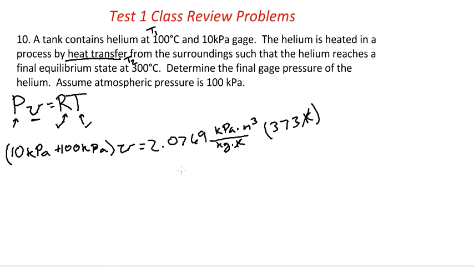Cancel it out. We know that we're going to divide this by this, so I'm going to go ahead and cancel out the kilopascals as well. And after a little rearranging and calculation, we have our V, and that is going to give us a value of 7.0426, and this is going to be meters cubed per kilogram, which is the correct units.